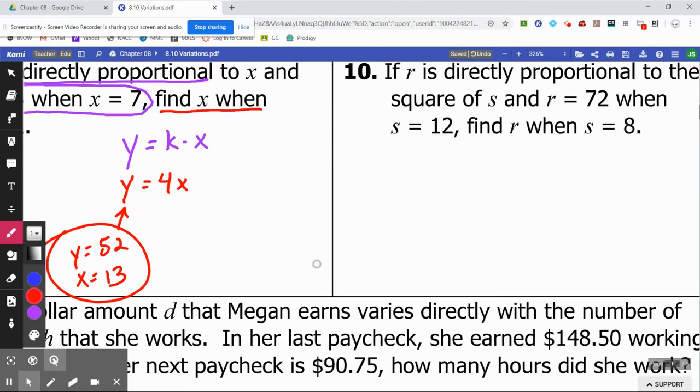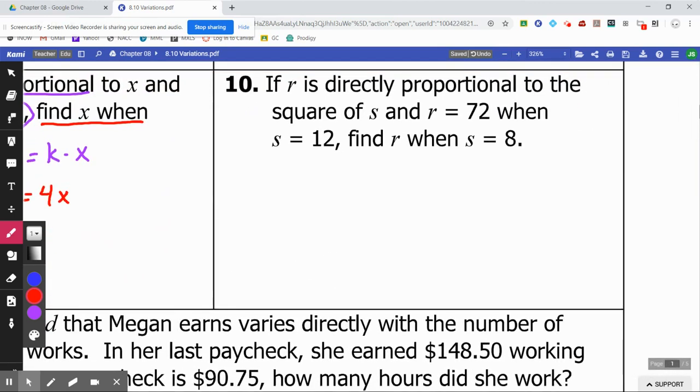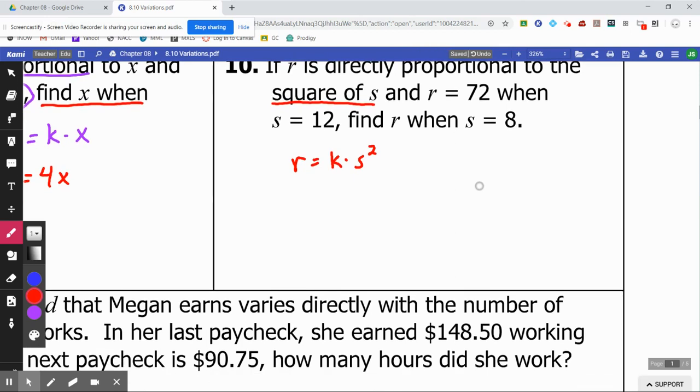Okay, next one, number 10. R is directly proportional to the square of S. So you don't have a normal direct variation, it's directly proportional to S squared. So R is equal to some constant times the square of S, or S to the second power. And then again, they give you the scenario when R is 72, S is 12.